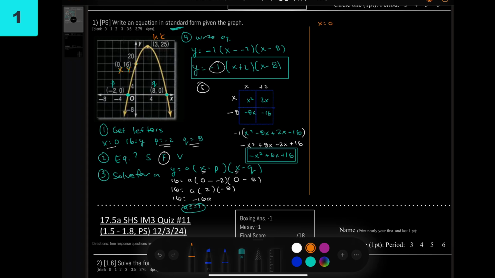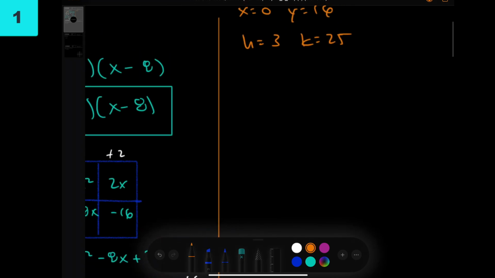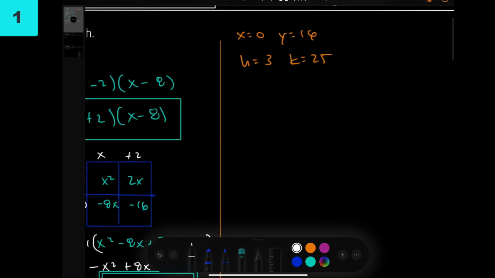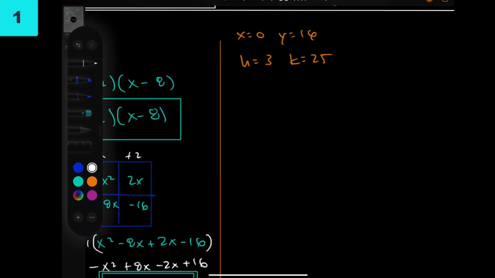X is 0, Y is 16, H is 3, K is 25. So I'm going to write the form to solve for A.